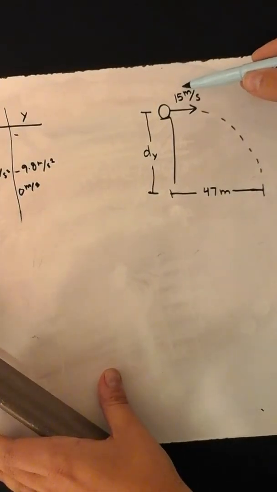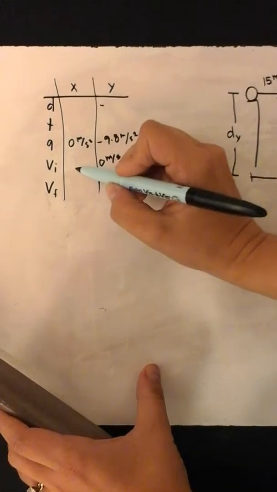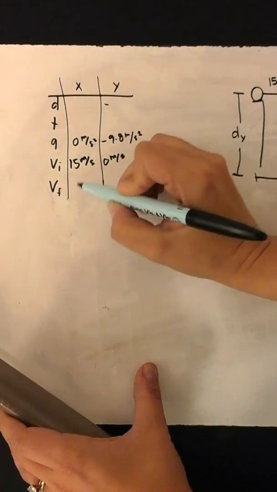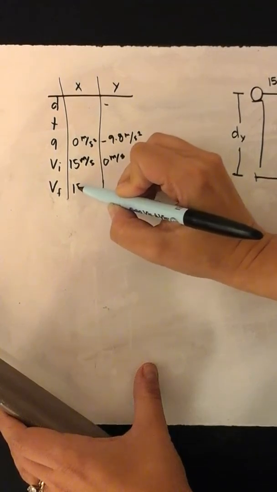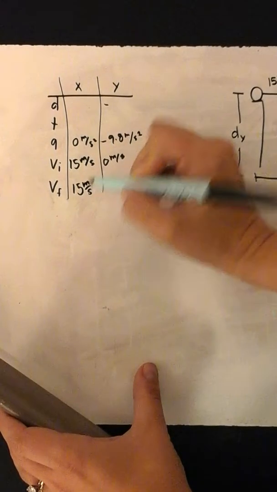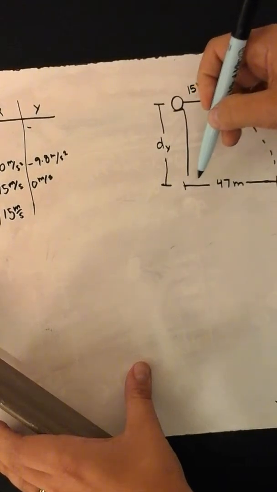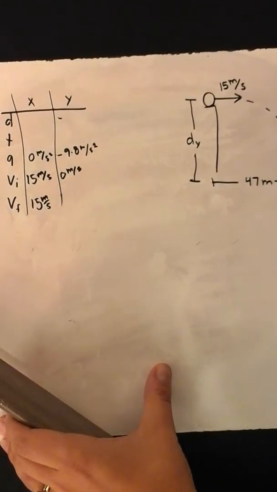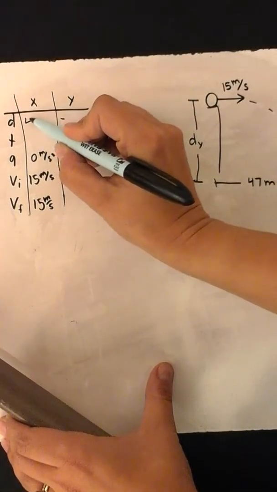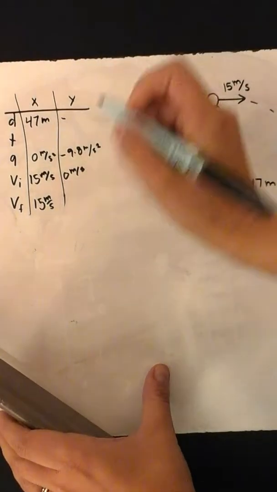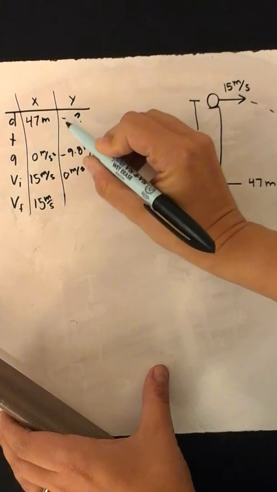We know that the initial x velocity was 15 meters per second. Therefore, the final is also 15 meters per second. We also know that our x distance is 47 meters. And we want to find the y distance, which will be negative.